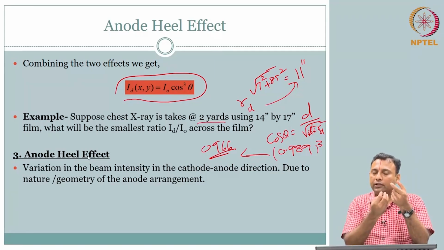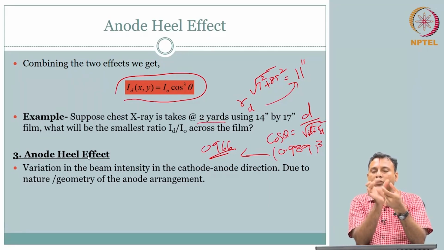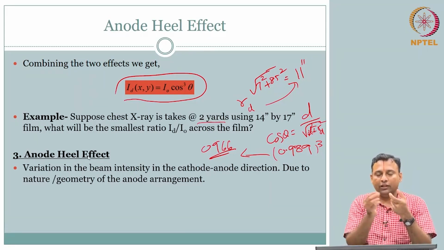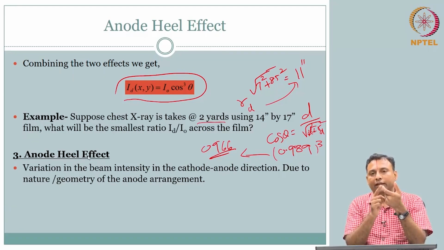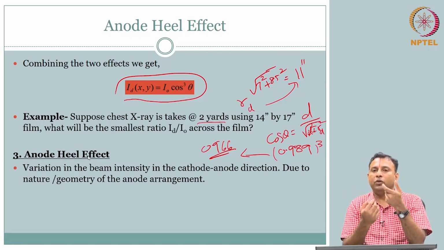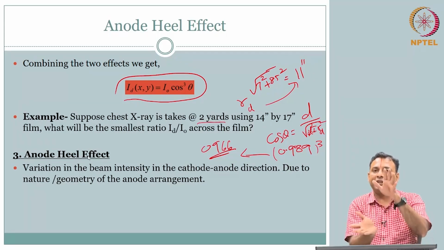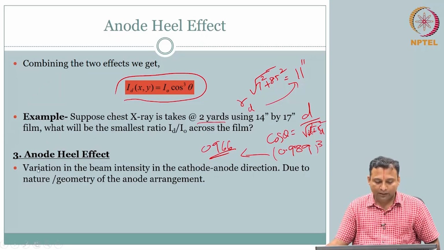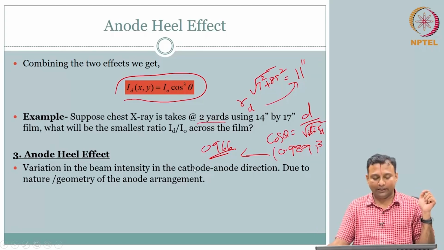It turns out that the X-rays coming out are not distributed uniformly along the thickness of your anode. At the edge of the anode that is close to your cathode, more photons come out, and as you move away to the other side, there is a variation in the beam intensity in the cathode to anode direction.